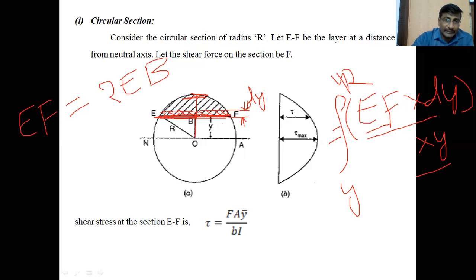So how to get the EB distance? By taking this right angle triangle, EB is equal to square root of r square minus OB square. OB square is y square. So therefore, square root of r square minus y square is the EB.